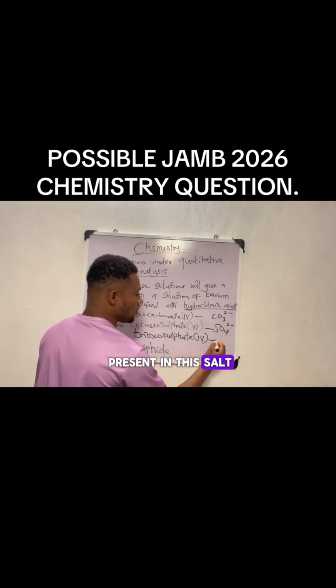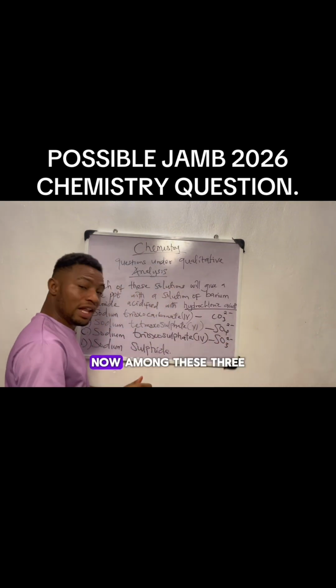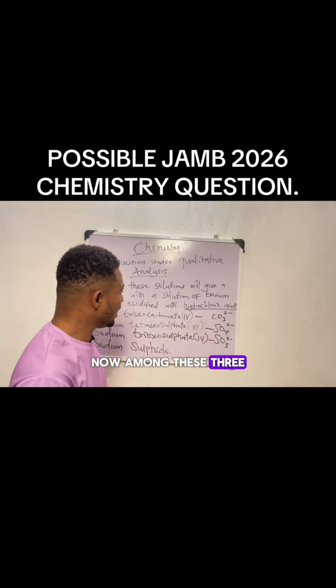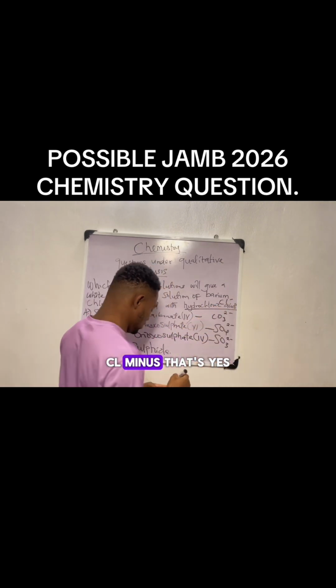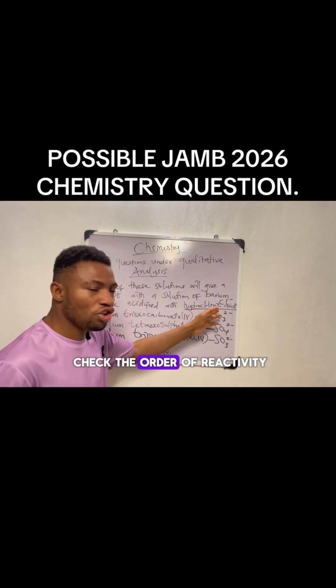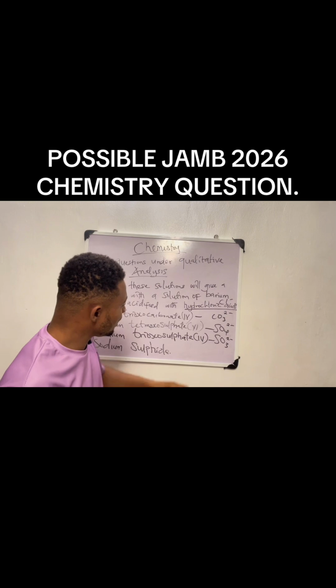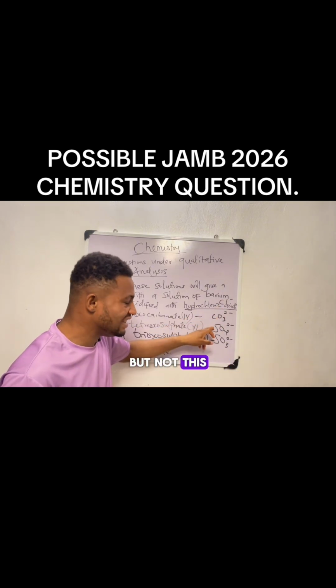Trioxosulfate(IV). Now, among these three, the one that is present in hydrochloric acid is what? Cl minus. Now, if you check the order of reactivity, this is more reactive than this and this, but not this.